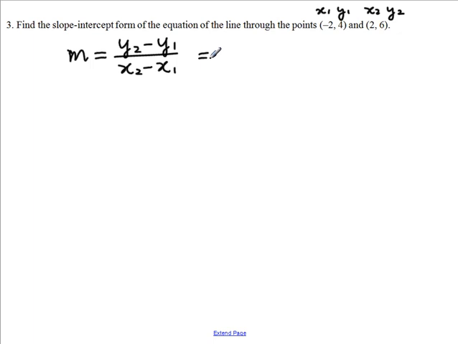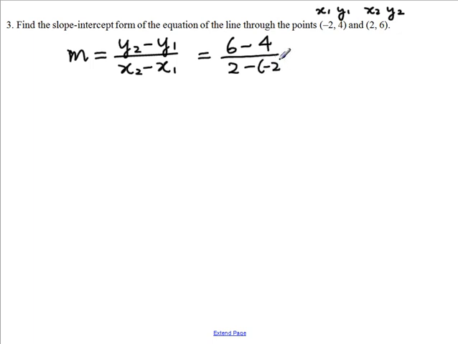So let's substitute the numbers for the variables. So y2, which is 6, minus y1, which is 4, over x2, which is 2, and then minus x1, which is -2.